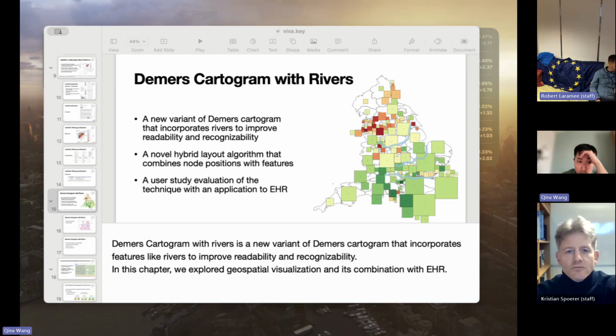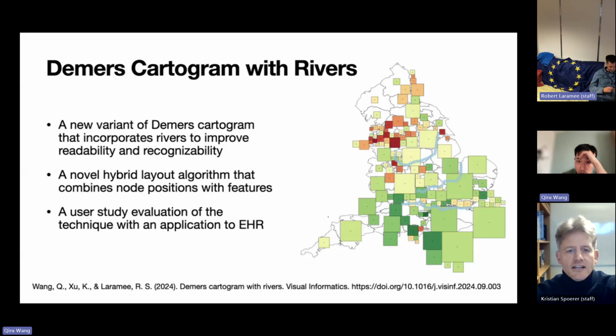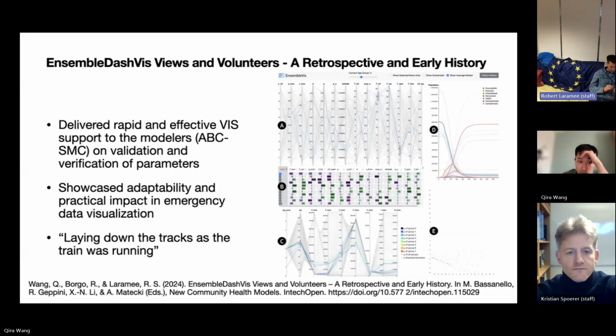In your last chapter, where you were talking about the study you did during COVID, I'm quoting from the conclusion of that chapter, you said "multitude of uncertainties and challenges." I guessed it meant that you didn't know what the data was and you didn't know what needed to be visualized about the data.